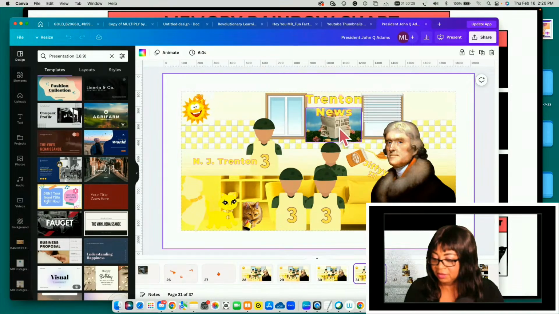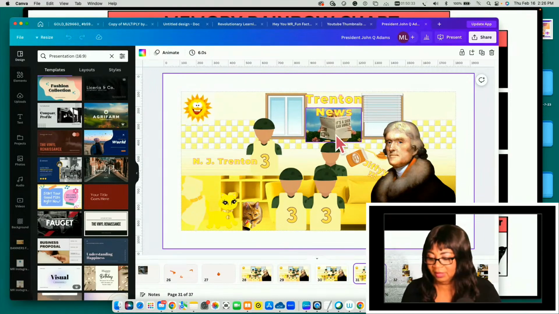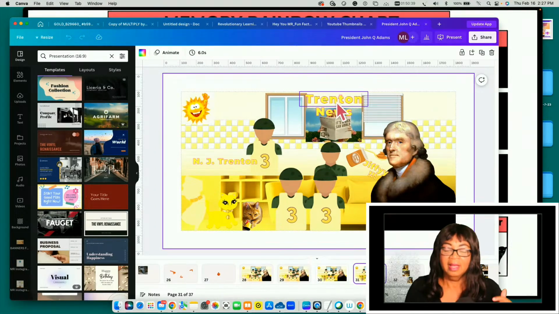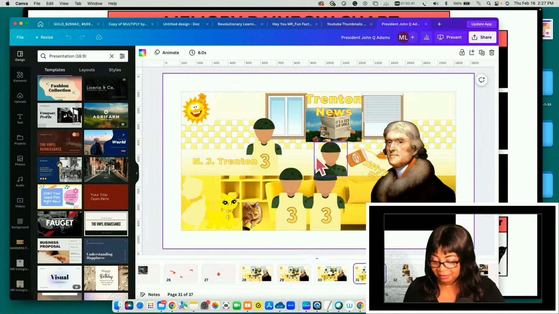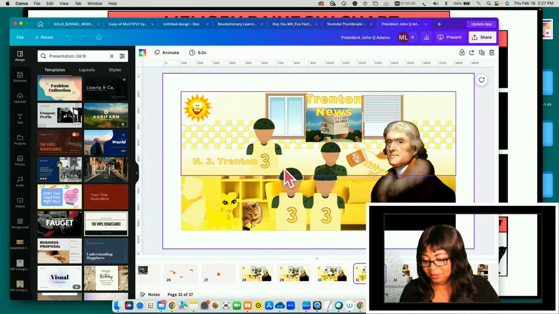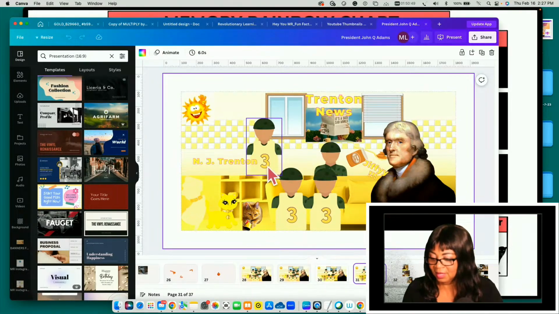And you have the Trenton News saying it's a sad, sad world. Yes, when they're coming into your home, trying to take your home over, it's sad. This is the Trenton News. Guess what? Because New Jersey is the third state to join the Union, and the capital is Trenton. So it's the Trenton News. And so they're all wearing number 3 jerseys.